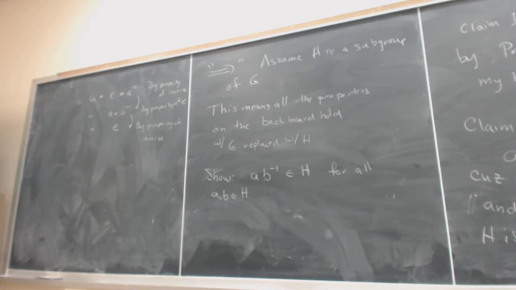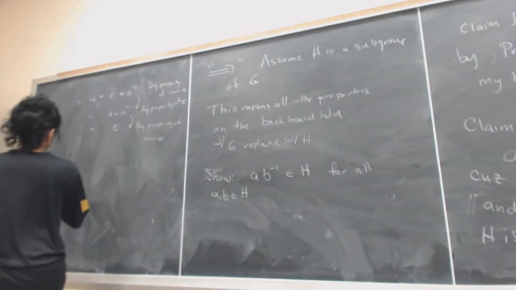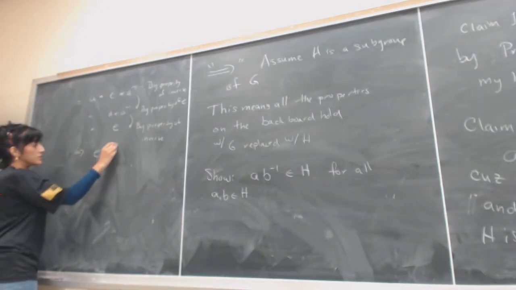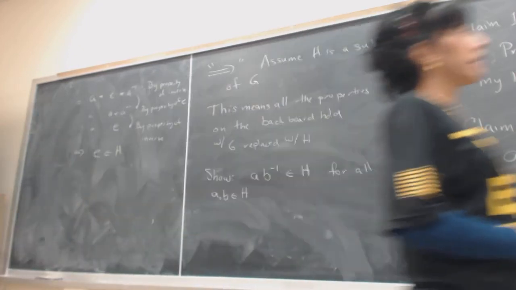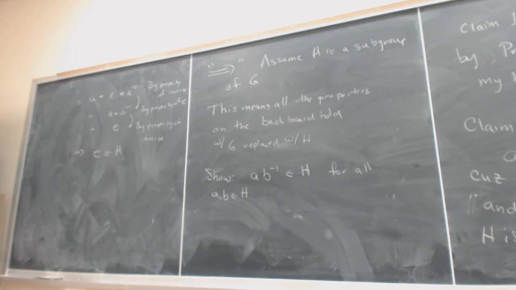So going back, I'll do a quick summary. I started out with my given, which said that if I have A and B in H, then this property is true because it's part of my given that A star B inverse is in H. And because A star B inverse is in H, I can reapply that one more time.